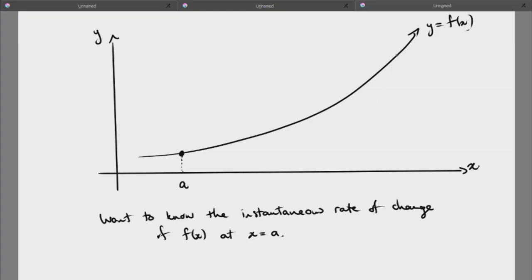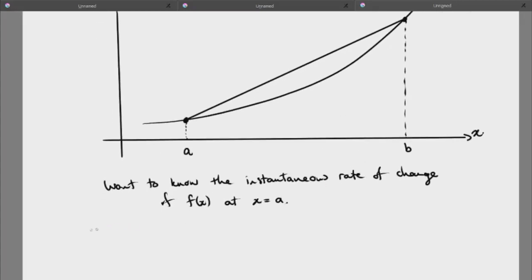And what I know is what to do if I had 2 points. So let's suppose I have another point. I know I'm changing the question. Let's suppose I have another point. Then I know what to do. I connect the two and look at the secant line. So I'm just going back and using what I already know.